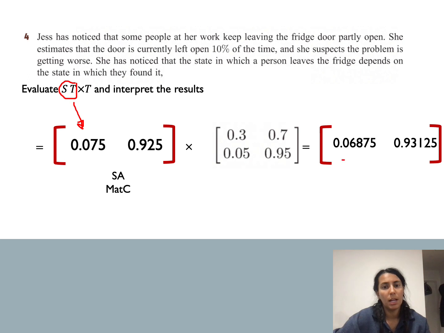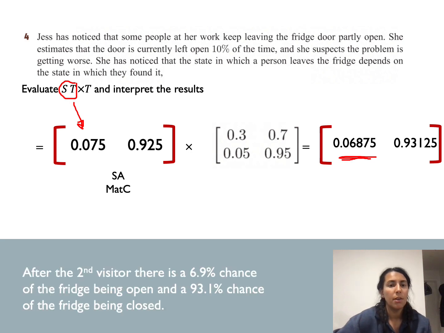So now I have the chance of it being open is 6.8%, or probably 6.9%, and the chance of it being closed is 93.1%. Interpreting these results, it means after the second visitor, there is a 6.9% chance of the fridge being open and a 93.1% chance of the fridge being closed.